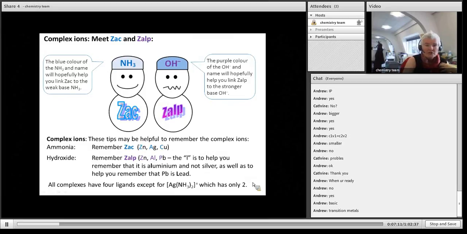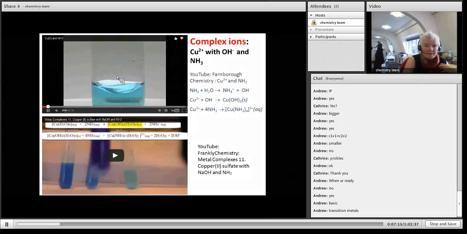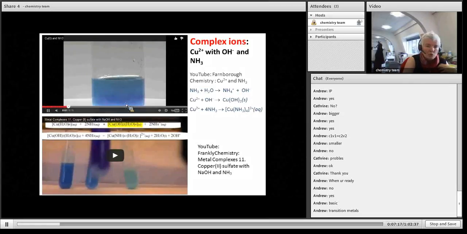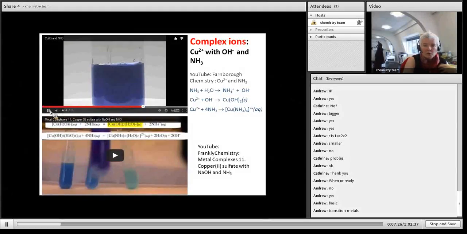So what I'm going to show here very quickly is copper, and I'm adding ammonia. Can you see I'm getting a white hydroxide being formed? Okay, so I'm going to actually stop it there before it carries on. I'm getting that white hydroxide being formed because ammonia is basic.